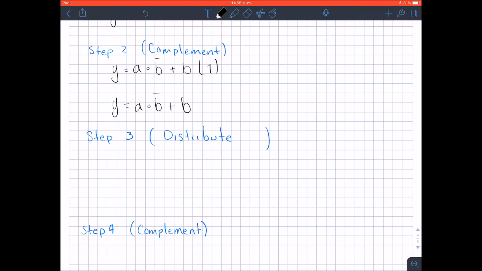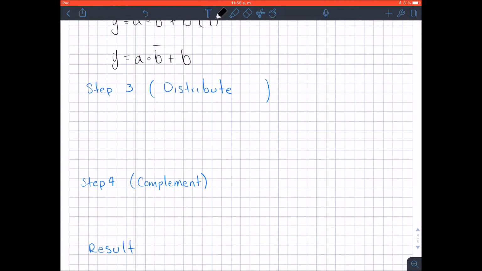And the next step is to use the distributive postulate. So our equation is going to be like this. Y is equal to b plus a times b plus b complement.